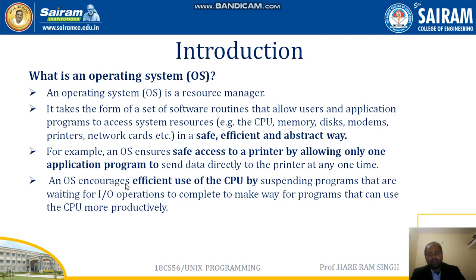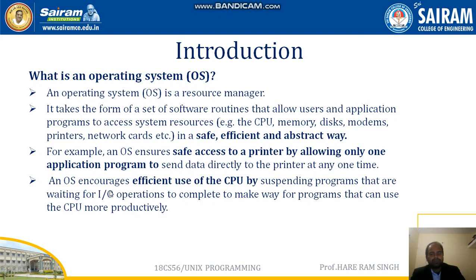An operating system encourages efficient use of the CPU by suspending programs that are waiting for input output operations to complete, to make way for programs that can use the CPU more productively.